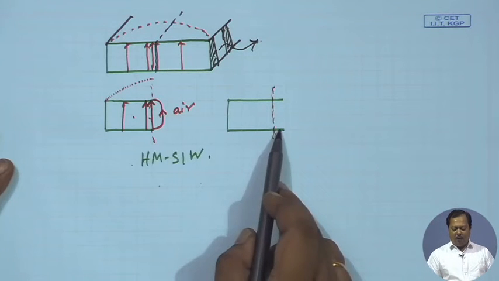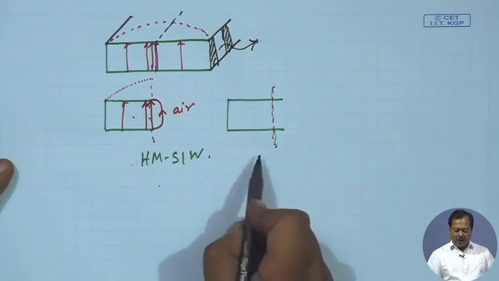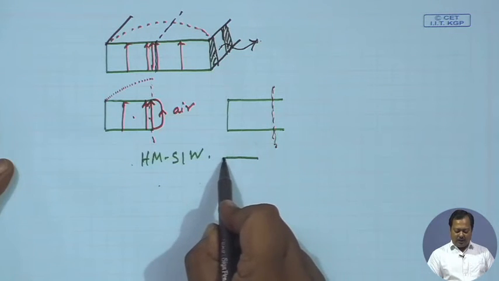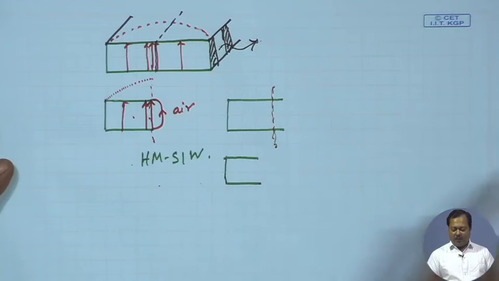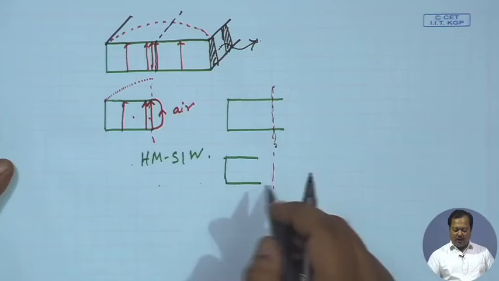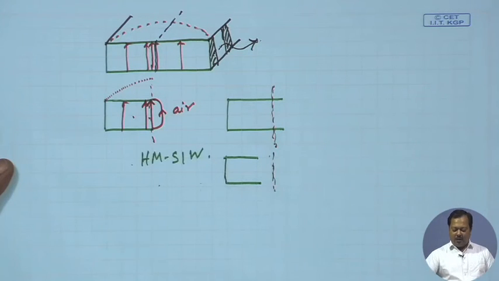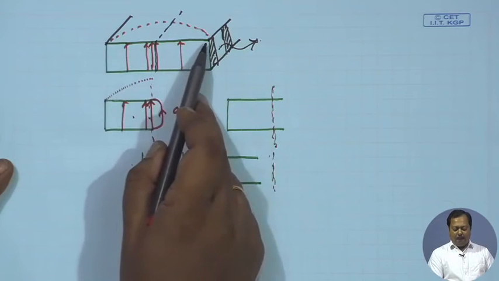Now, it is more than that value, or maybe another scenario, in this case it is a little less than the required lambda g by 4. So, in both of these two cases we will be having leakage.